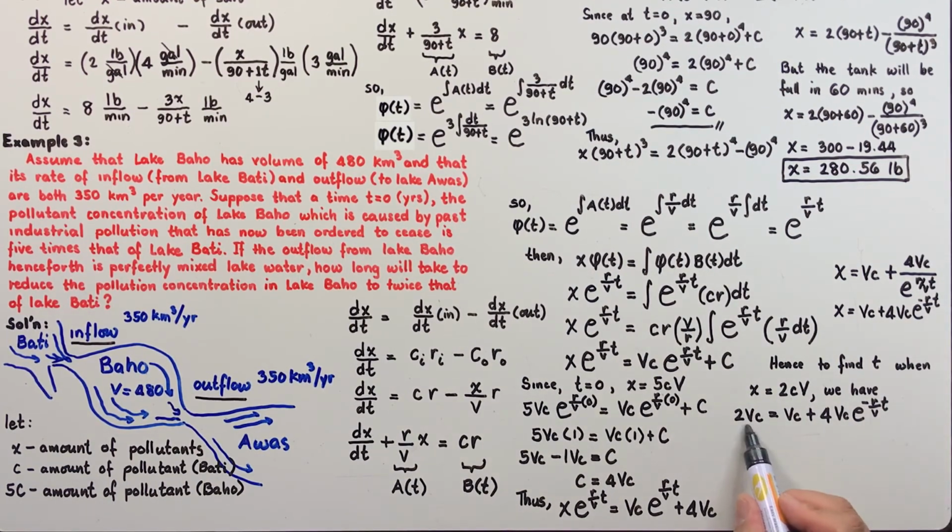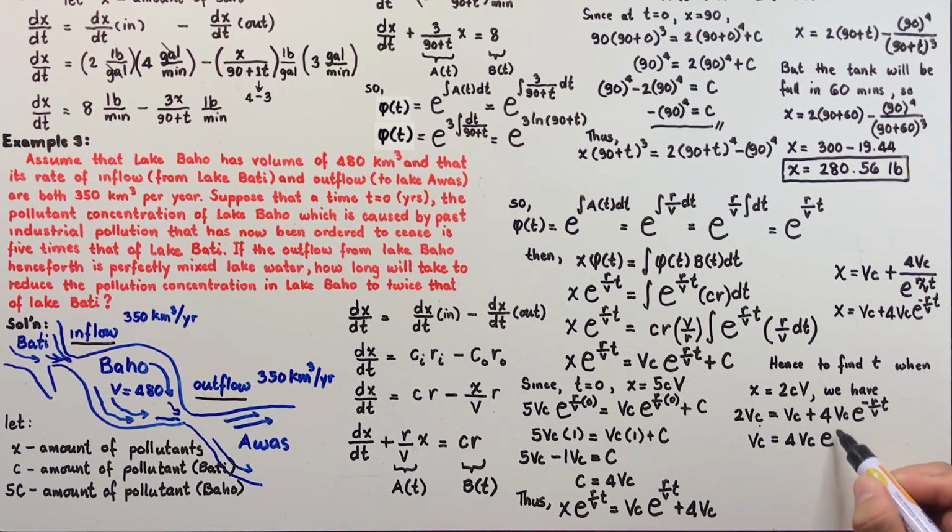So 2VC minus VC is just VC here. And this is equal to 4VC times e to the power negative r over Vt. But we can divide both sides of the equation by VC. So 1 is equal to 4 times e to the power negative r over Vt.